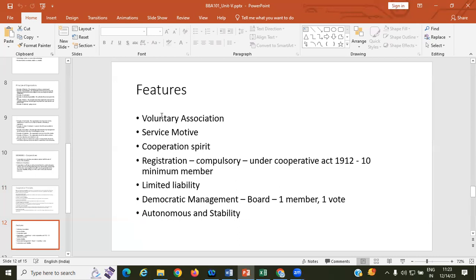The same things we discussed: voluntary association. People join hands voluntarily. Whatever motive they have, they form the society with a voluntary service motive. So you don't have any profit motive in the organization.